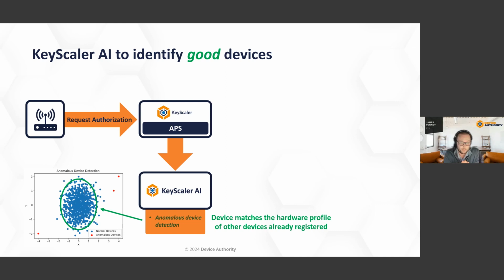So for anomalous device detection in this instance, we leverage a lot of the data and information that DDKG provides. Dynamic device key generation, DDKG, is our patented technology that allows you to register, onboard and establish trust for devices. And what it does as part of that service is collect a lot of data about that device and attributes about that device.